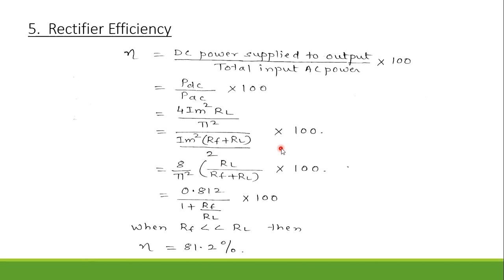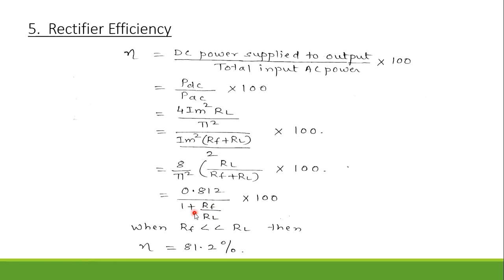If we substitute, some terms get cancelled: Im square cancels, and RL cancels. So we get 8 upon pi square into RL divided by RF plus RL into 100. If we simplify again, it is 0.812 divided by 1 plus RF upon RL into 100.